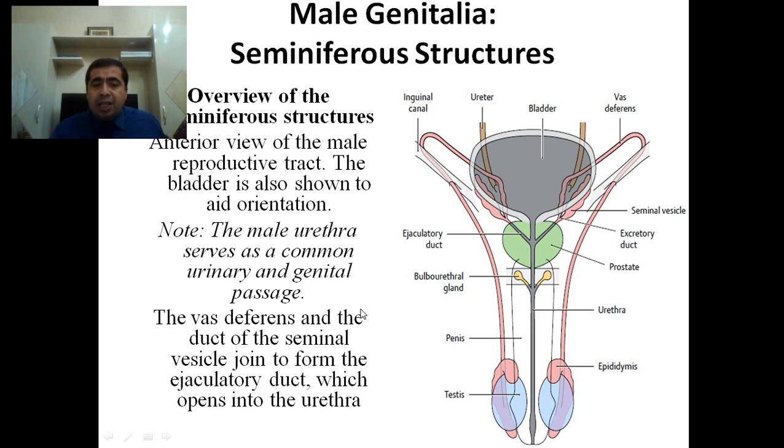The vas deferens and the duct of the seminal vesicle join to form the ejaculatory duct, which opens into the urethra, here the ejaculatory duct, and the prostate gland also has its own ducts for the formation of the special pH of the sperm and the characteristic smell of the sperm.